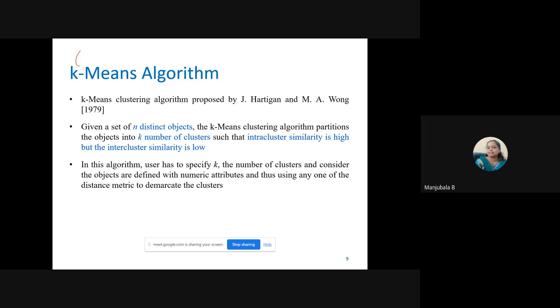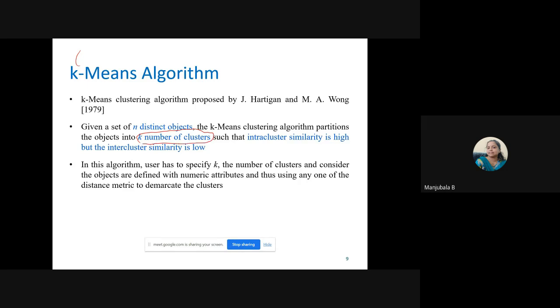The K-means clustering algorithm was proposed by J. Hartigan and M.A. Wong in 1979. This is a very old algorithm. If we have a data set of n distinct objects, the K-means clustering algorithm partitions the n distinct objects into k number of clusters. As I told, k is the user-defined, predefined value.